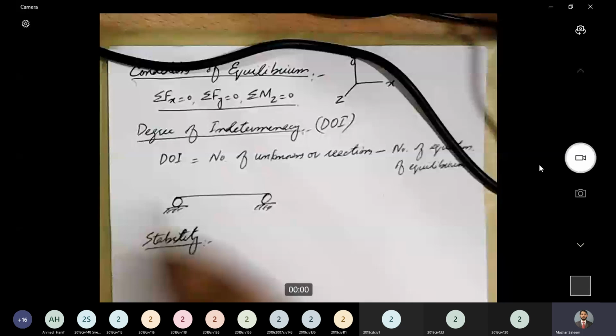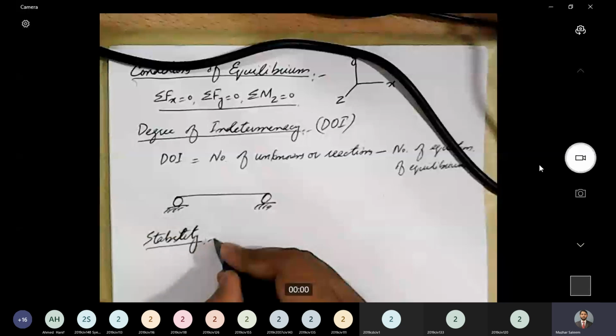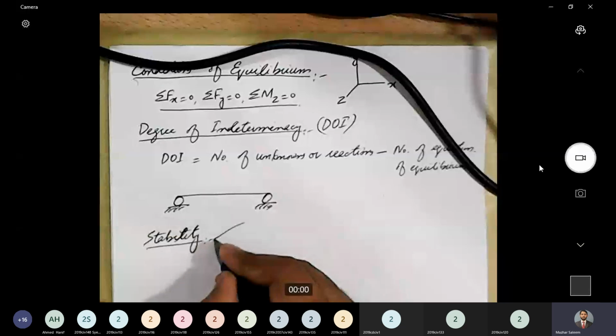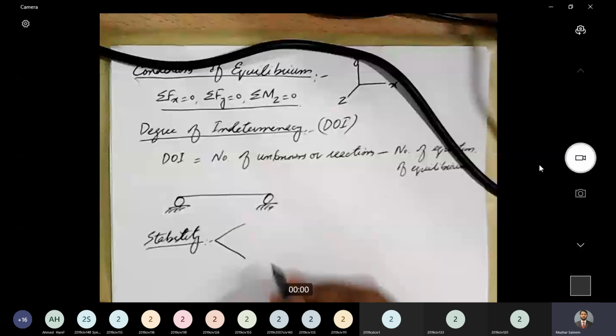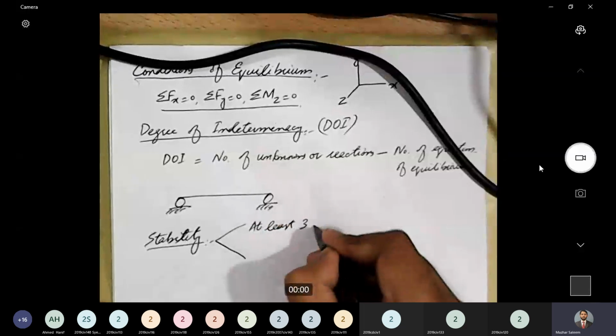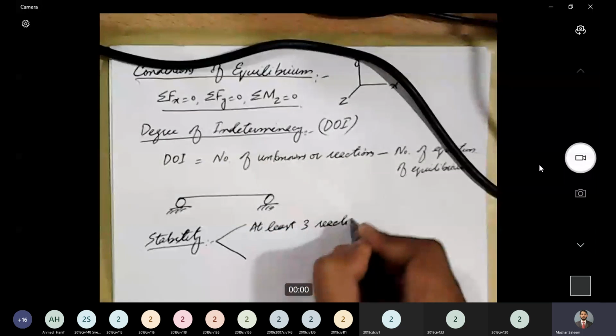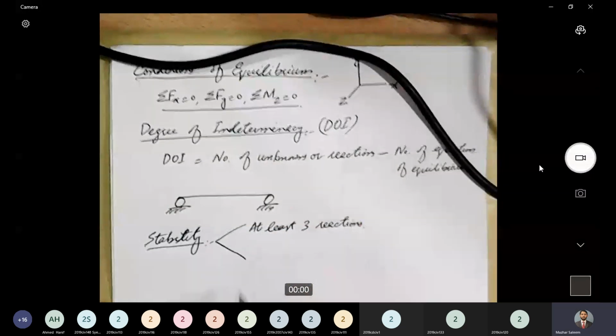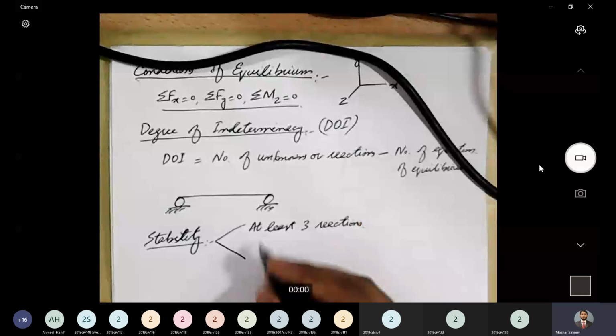There are two conditions to make sure of the stability of any structure. First condition is there should be at least 3 reactions. This is the first condition of stability.